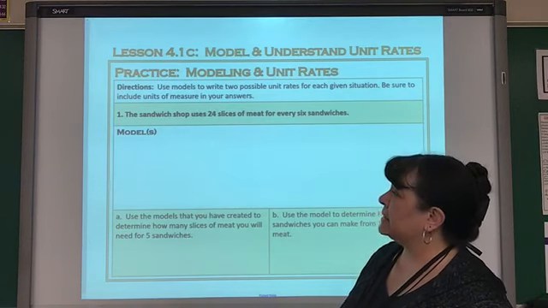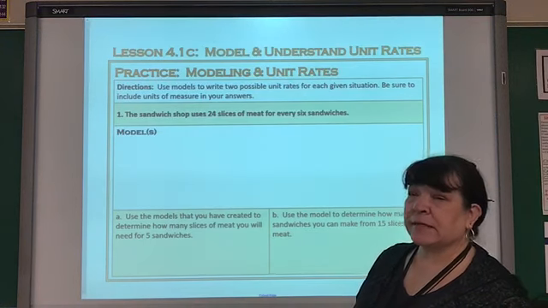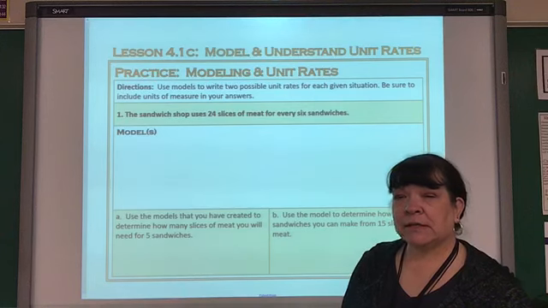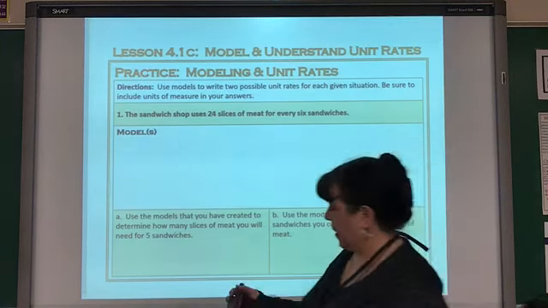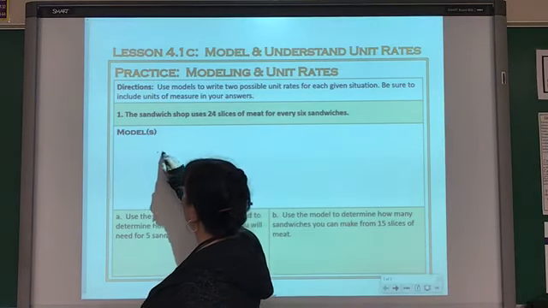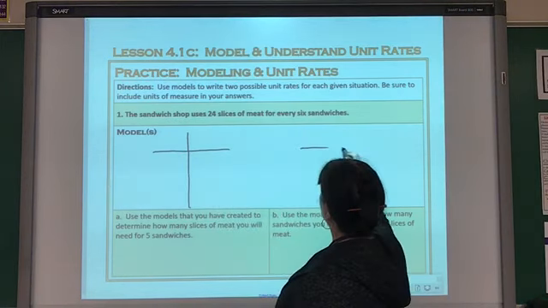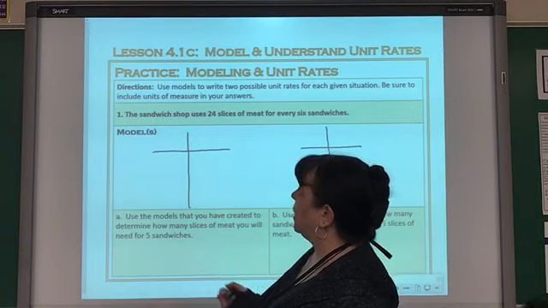Our first one is that a sandwich shop uses 24 slices of meat for every 6 sandwiches. Well, an easy way to draw a model is to kind of use the table idea that we have discussed earlier. When we're looking at a table, we're going to do two tables that actually represent this situation, and we're going to write a ratio for each one.